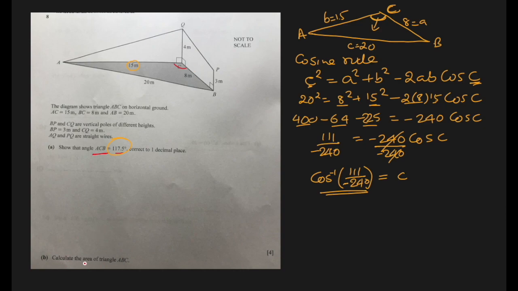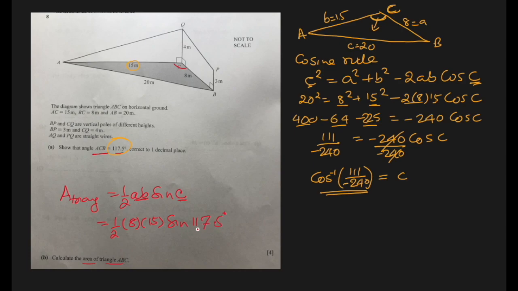Okay, calculate the area of the triangle ABC. So area of a triangle is half AB sine C, where this C angle is between the sides A and B, and exactly that is available to us. We can write half, A is 8 for us, B is 15 for us, and then we have sine 117.5.